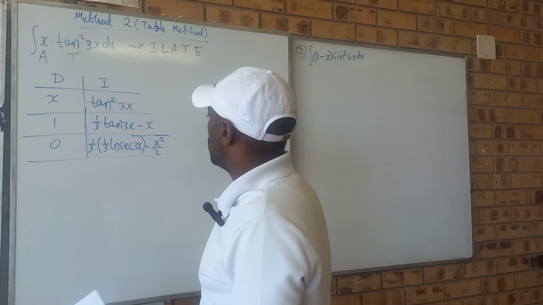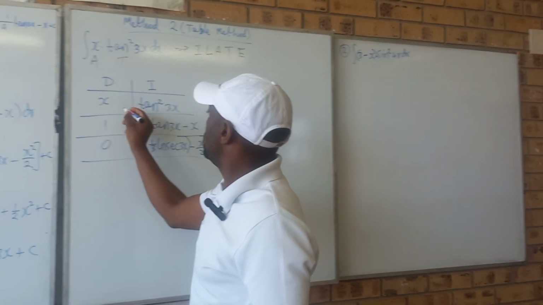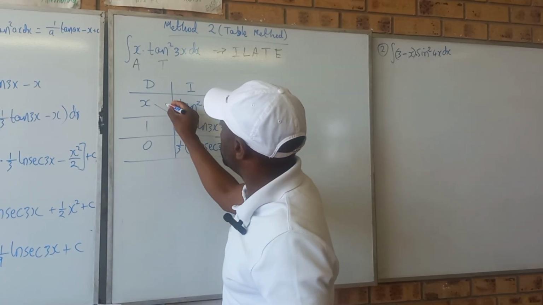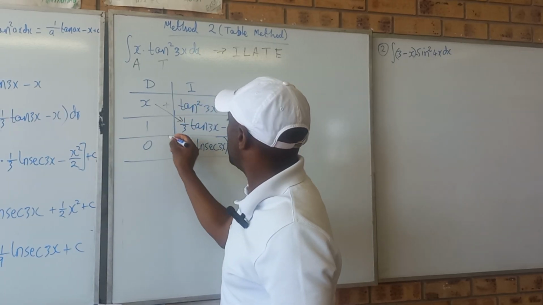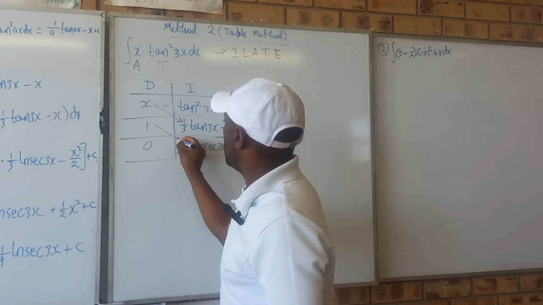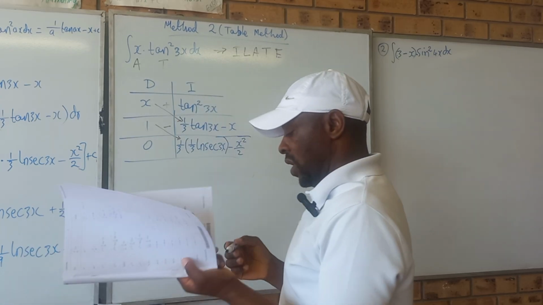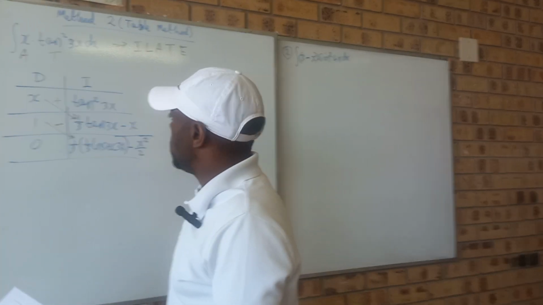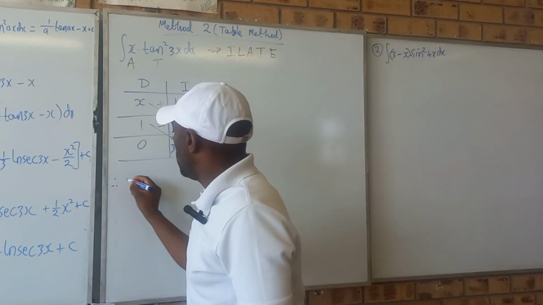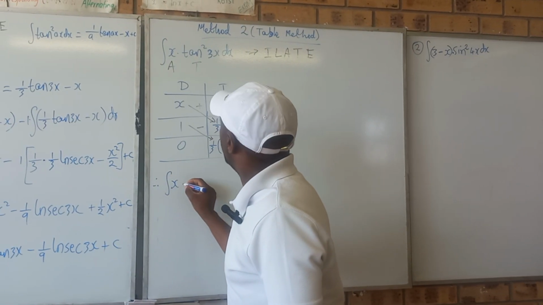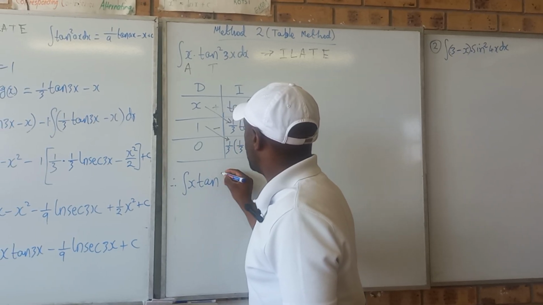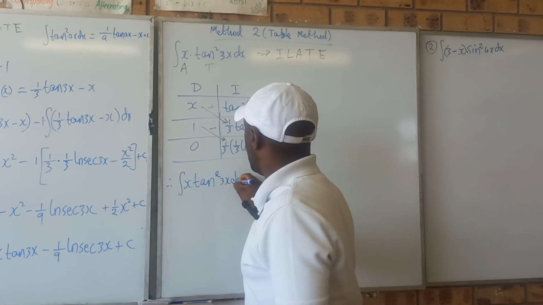So that is how our problem will look, which will therefore end up with this being 1 over 9. Now to build your answers, you just take this and link it there. That's your first arrow. So there are only 2 terms, and your second arrow goes with a negative. So your final answer is supposed to have only 2 terms. So let's now capture our answer for the integral of x tan square 3x dx.